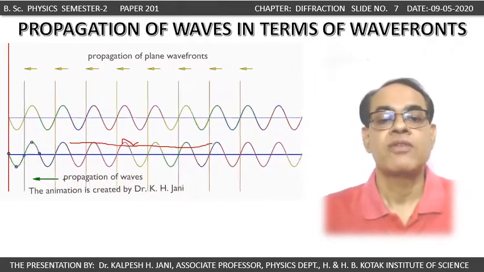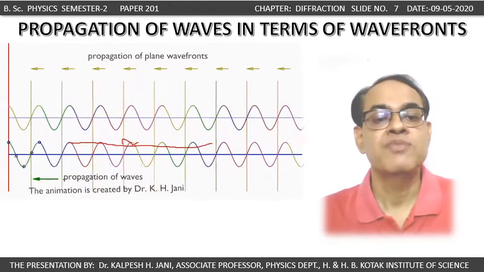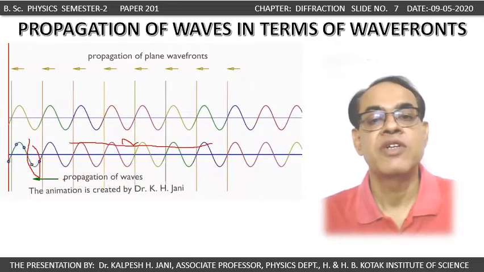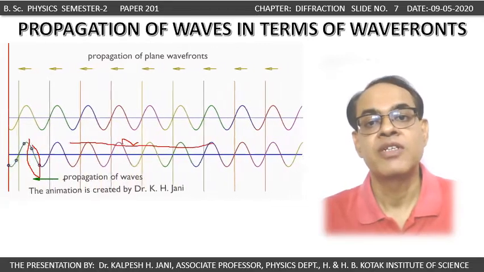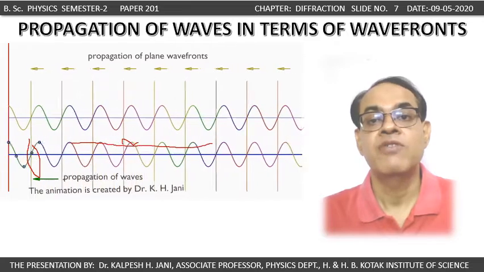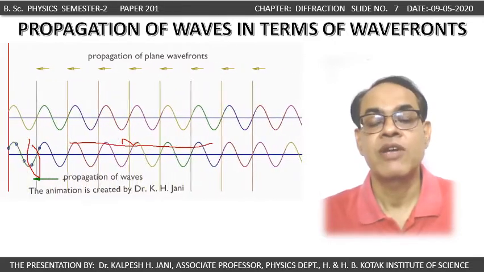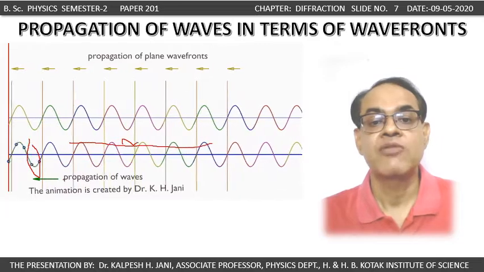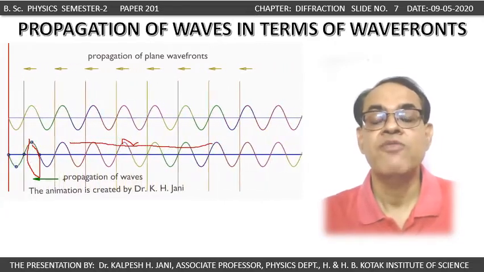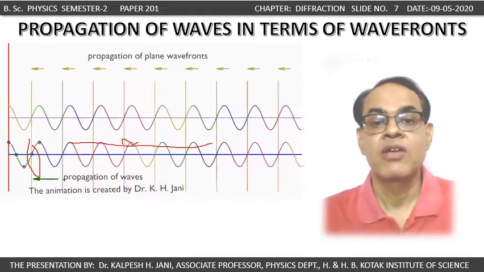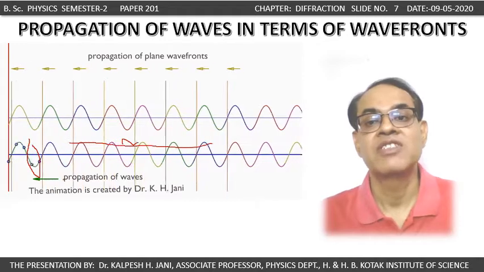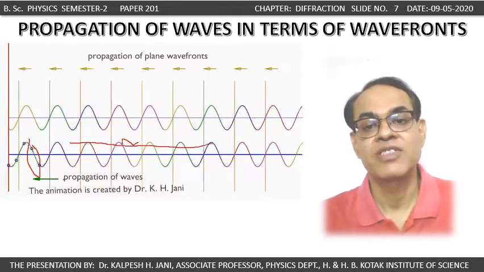So these points are the constituents of the medium, but here we are talking about the points of the wave itself. We are not talking about the constituents, we are talking about the points of the wave having some value of phi, that is the phase.